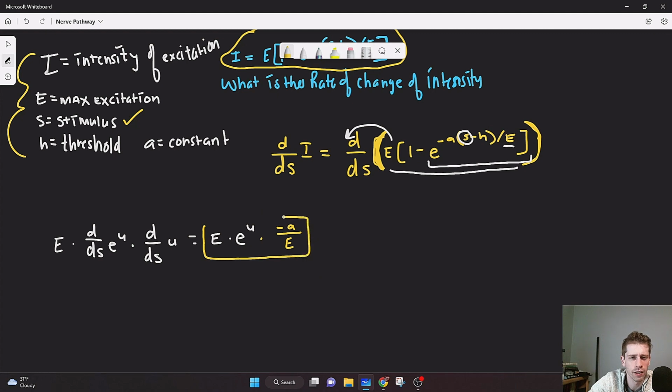But I think we can write this a little bit cleaner. And so we get e times, oh, by the way, this is negative because we have 1 minus e.